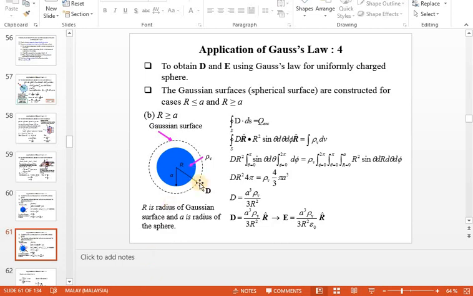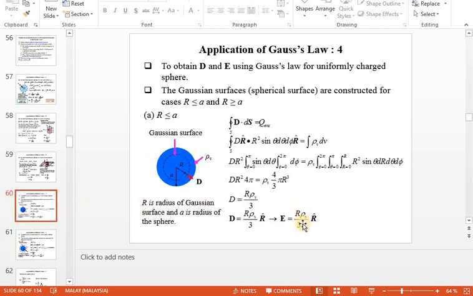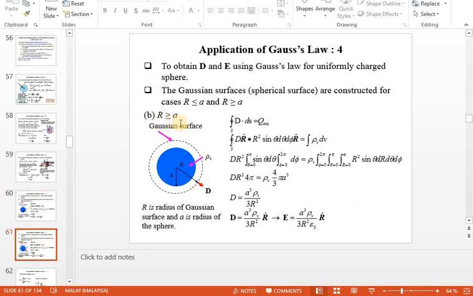So which means that now we want to find the electric field outside the sphere. It's not inside the sphere anymore, outside the sphere. So what formula do I have to use? I cannot use this formula because it stated that it can be applied only when the R is less than A. So when the R is greater than A, you have to derive a new set of formulation.